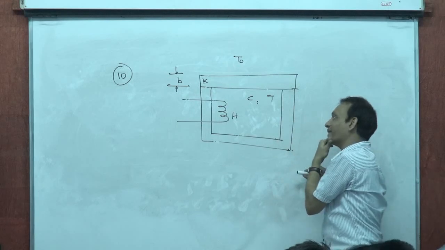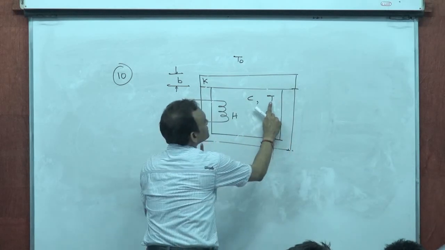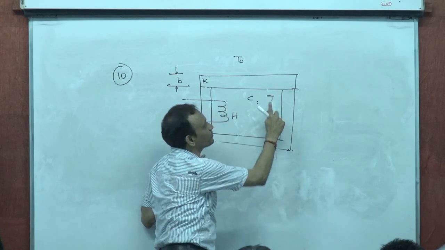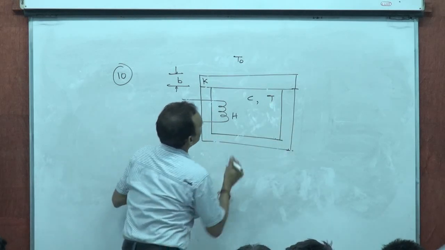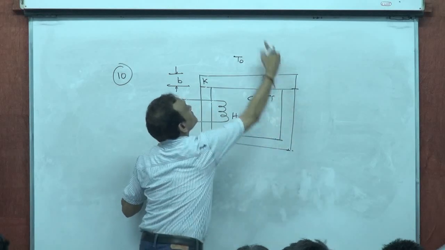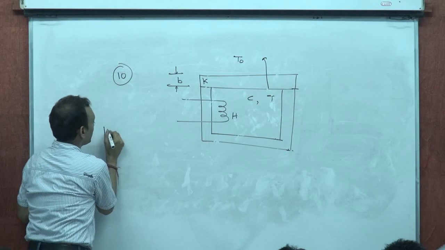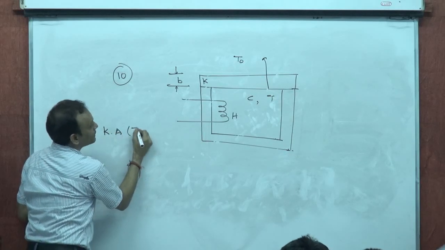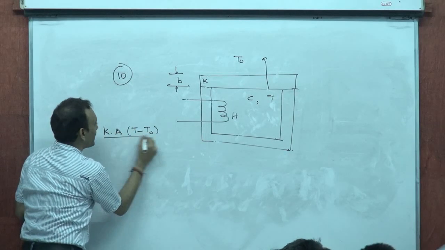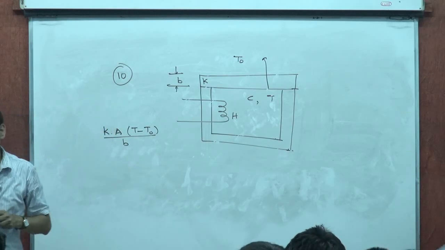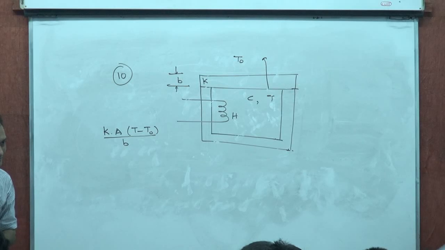One thing, then, at any given instant, T is the temperature of this. If T is the temperature of this, then what's the heat that is conducted out? How many watts is conducted out at that instant of time? K times area, T minus T naught divided by B. These are the watts that are conducted out.